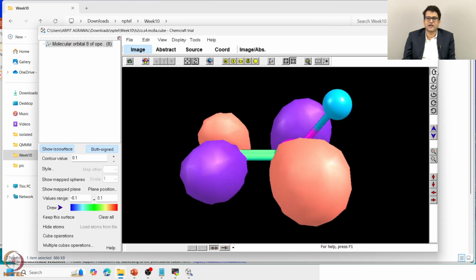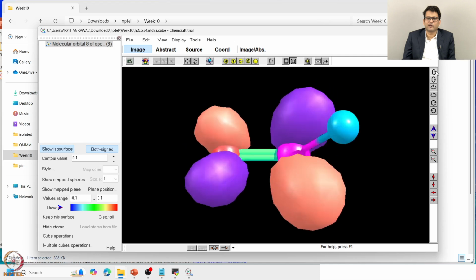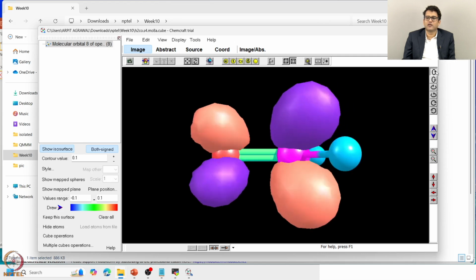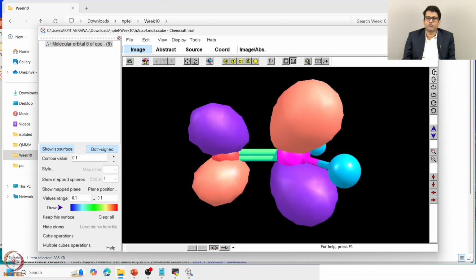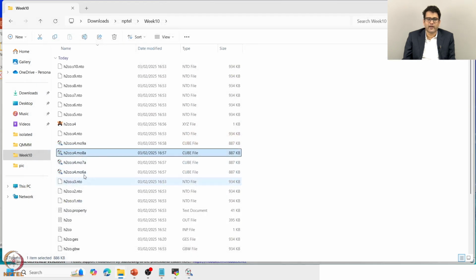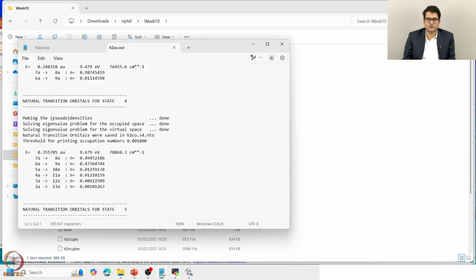It is a nice n orbital. So, this is a pi orbital, and this is a non-bonding to pi type of transition. This is one transition, and we need to see the other transition also, and that is 6 to 9.